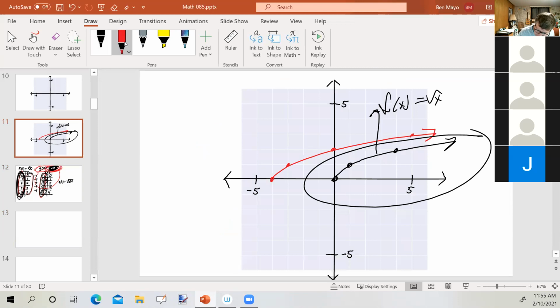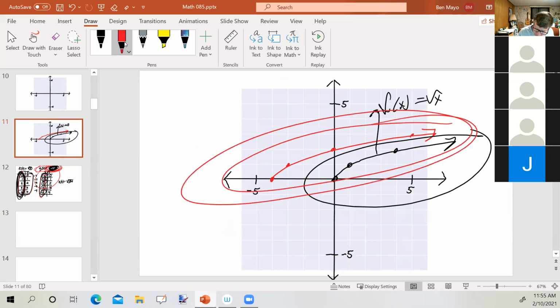Okay, now let's take a look at the red function. What's the domain of that? Negative infinity and positive infinity. No, -4 to positive infinity. Yeah, see it? Because it starts here at -4. You seeing that? Yeah. Okay.